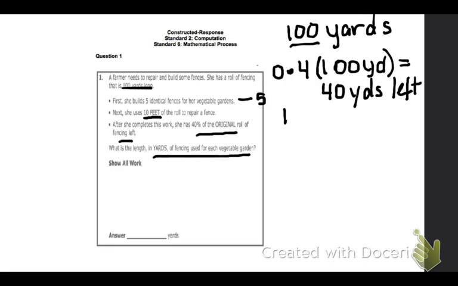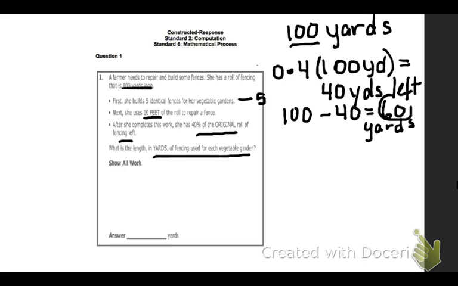Okay, so I'm going to take my 100 and I can subtract 40. They're both yards, so kind of like alike, so that I can go ahead and subtract those. I have 60 yards. So she used 60 yards.